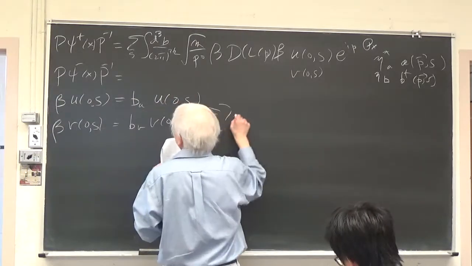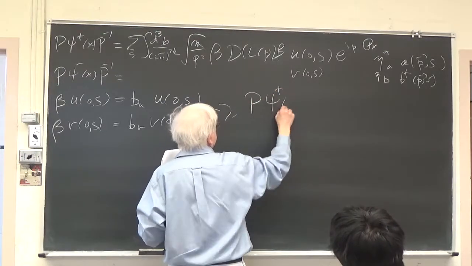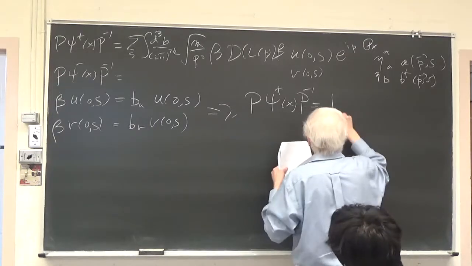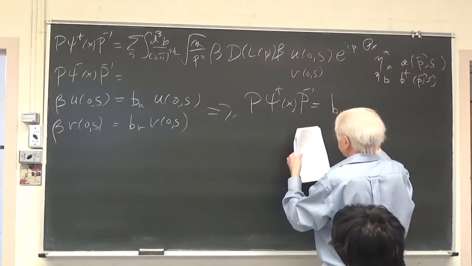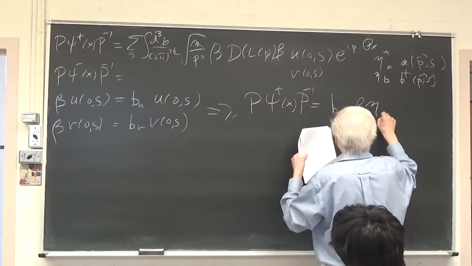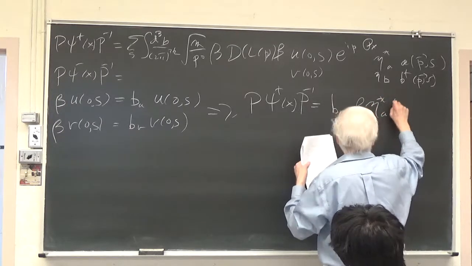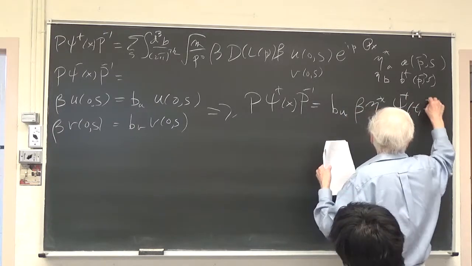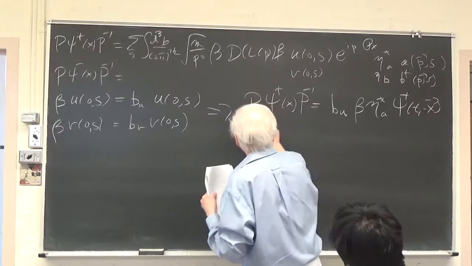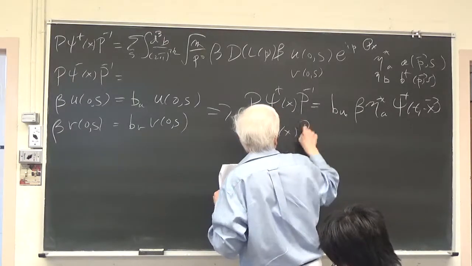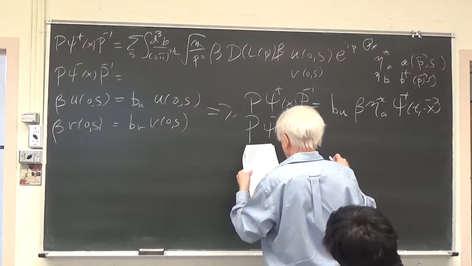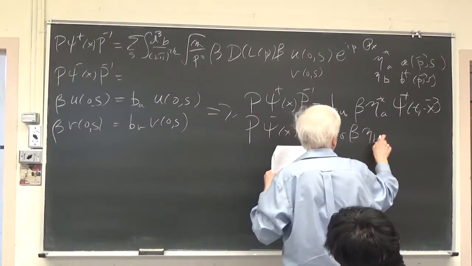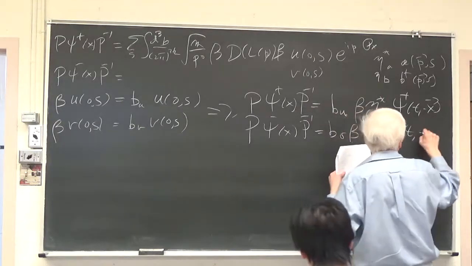And then what we get is P psi plus of X, P inverse, is B sub U beta eta sub A star psi plus of T and minus X, and P psi minus of X, P inverse, is then B sub V beta A to B psi minus of T and minus X.